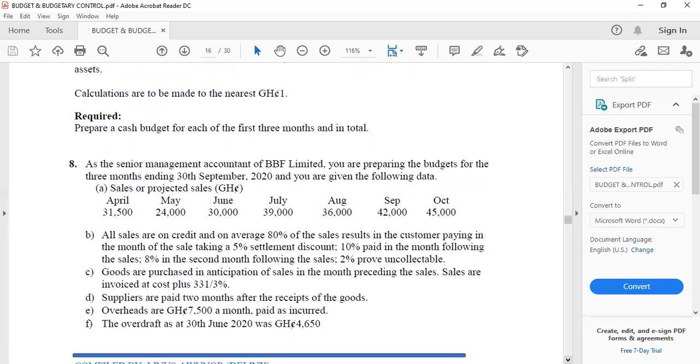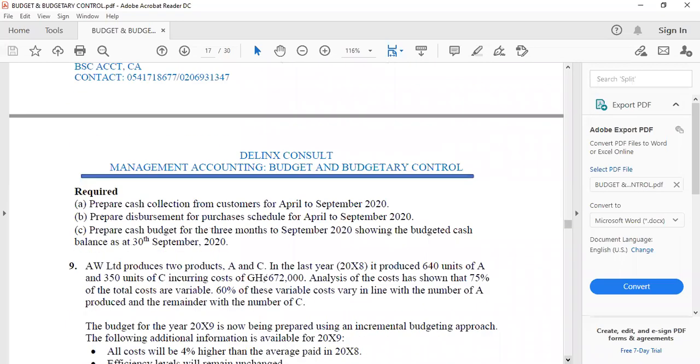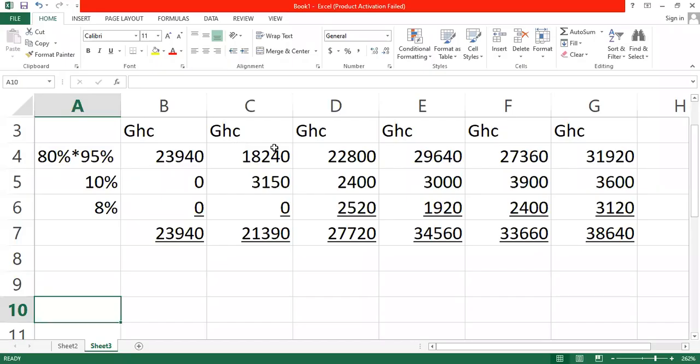The second part is saying prepare disbursement for purchases scheduled for April to what? September. Okay, so let's go to the April schedule.